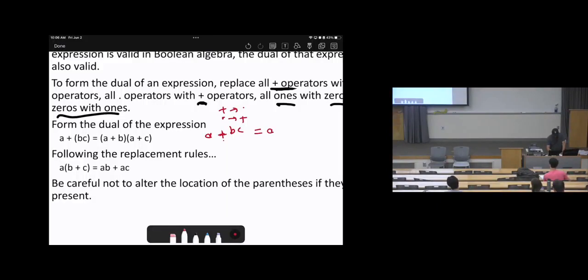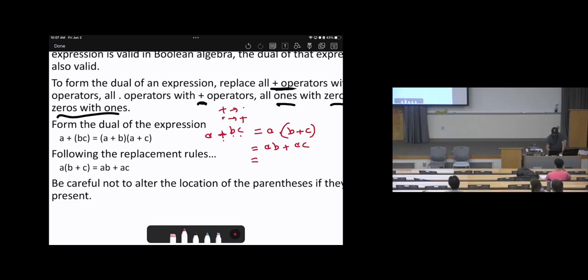Here there is addition, it will be multiplication. Here is B, it remains as is. Here is C, there is a multiplication, it will be addition. Don't forget to put it this way. Then we can write it as A times B plus A times C. Just make the multiplication.